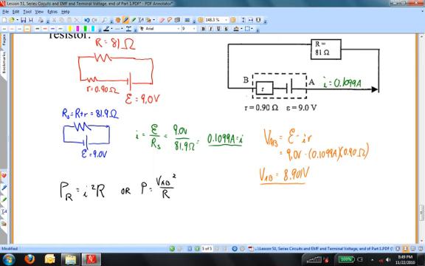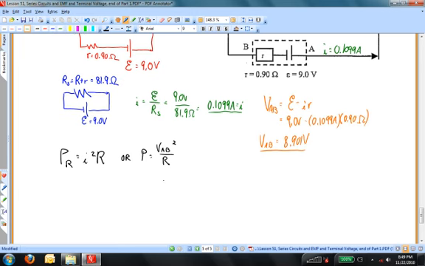So let's compute and see what it is that this external resistor dissipates. I'm going to do it both ways. Let's start with the first formula. P is going to be I squared, that's the 0.1099 amperes squared, times the 81 ohms, and now you put that into your calculator. And I compute 0.978 watts is what this resistor gets.